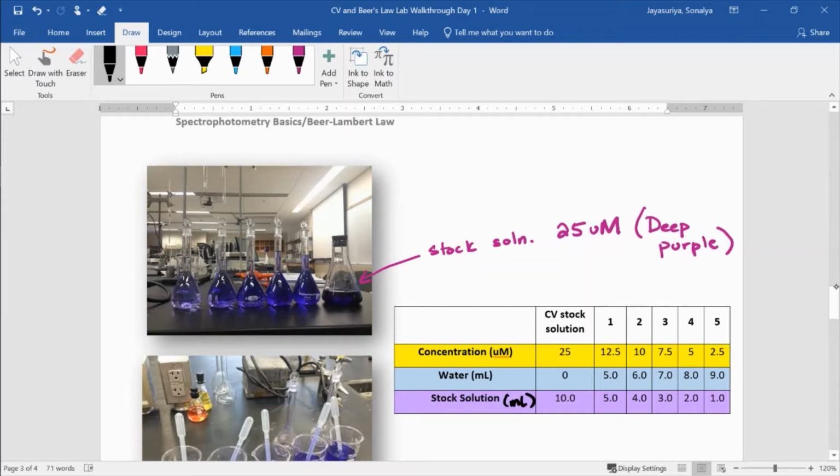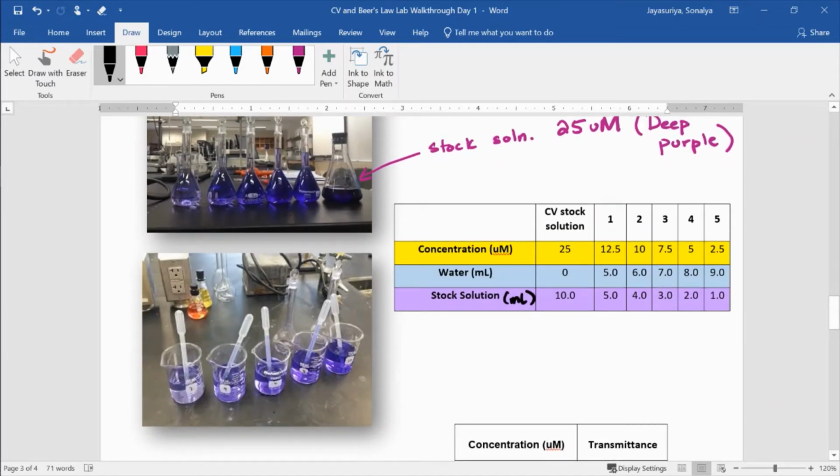That'll give you 12.5 micromolar concentration. Then you use 4 milliliters of the stock solution and 6 milliliters of water to make a 10 micromolar solution. You use 3 milliliters of stock solution and 7 milliliters of water to make a 7.5 micromolar solution, etc. Okay, until your 5th solution ends up being 2.5 micromolar.